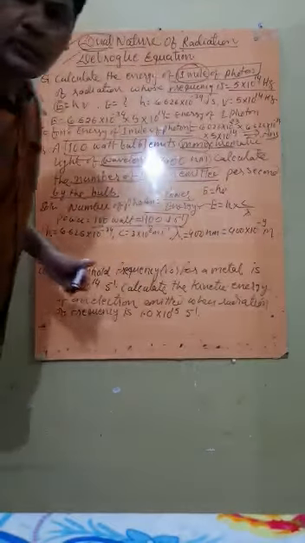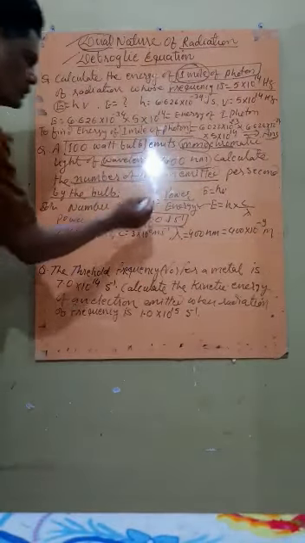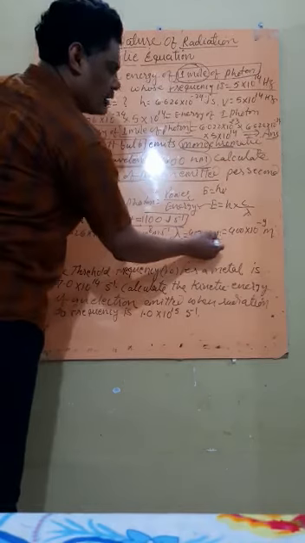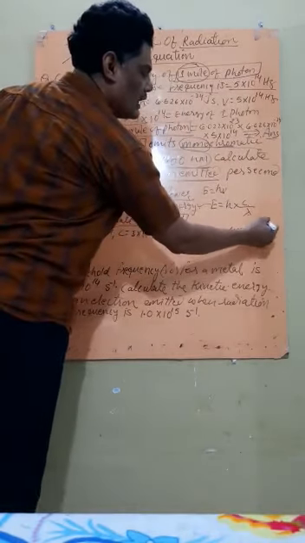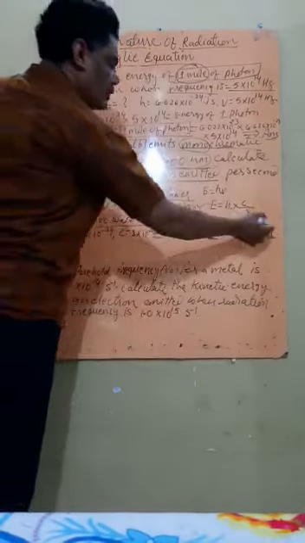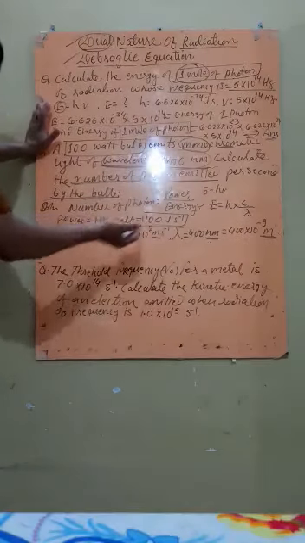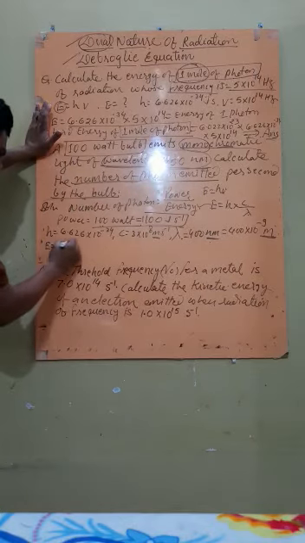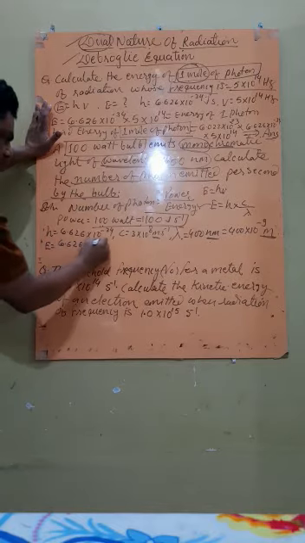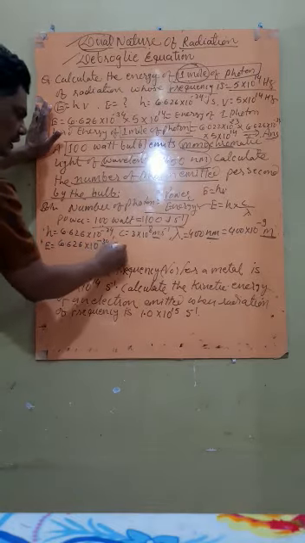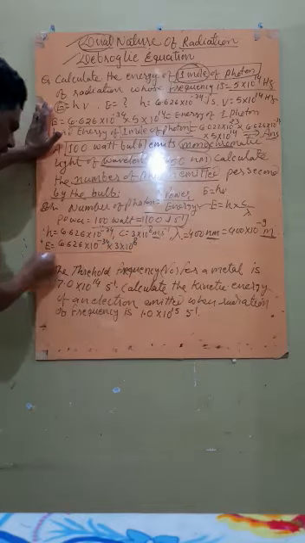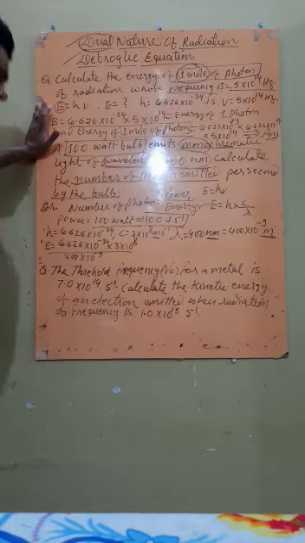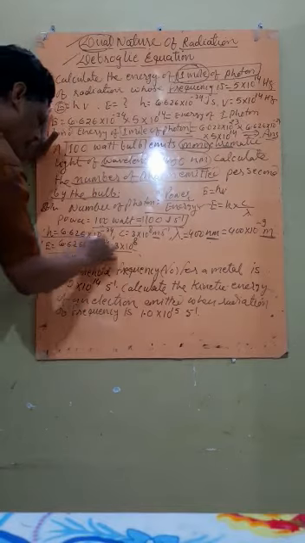Why is there a need to write this? It is because here the velocity of light is given in meter per second. Therefore, the nanometer must be converted into meter. And how do we convert? 1 nanometer is equal to 10 to the power minus 9 meter. Now, start solving the question. E is equal to h, that is 6.626 into 10 to the power minus 34, multiplied by velocity 3 into 10 to the power 8, divided by lambda, 400 into 10 to the power minus 9.